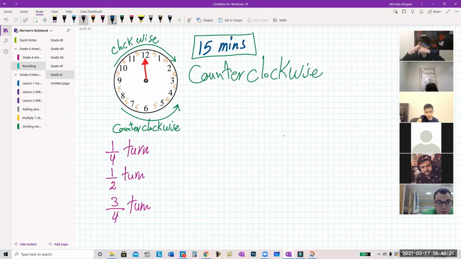So we're gonna move it like that, in this direction, okay? 15 minutes. The same thing. We're gonna move to get 9 here, right? So that's our port.